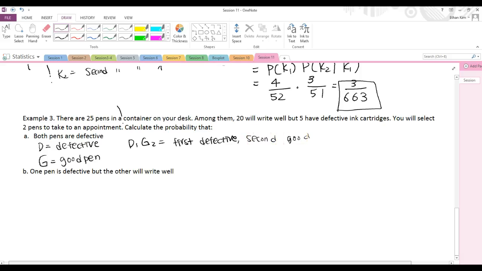For the first part, both pens are defective, so we're looking for the probability of D1, D2. Both of them are defective. We're going to use the conditional probability formula, so this is going to be P(D1) times P(D2 given D1). In order to calculate the probability of D1, we do have the numbers here, but we didn't calculate the probability.